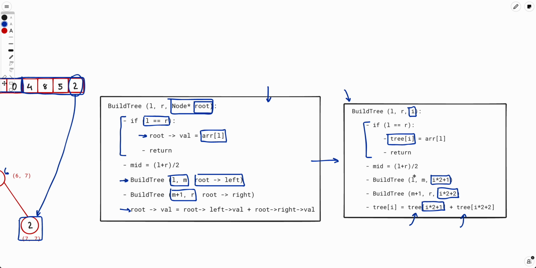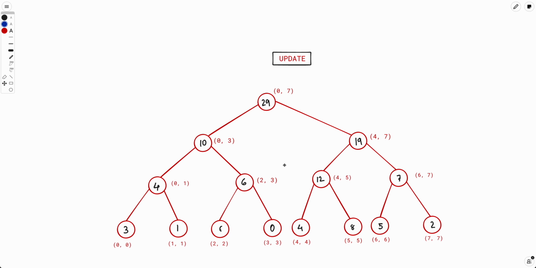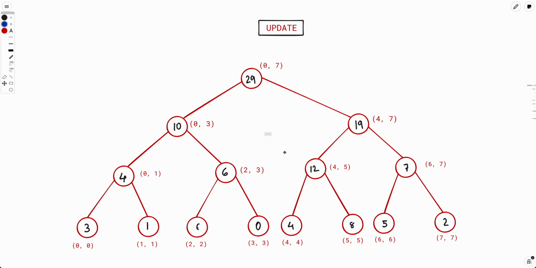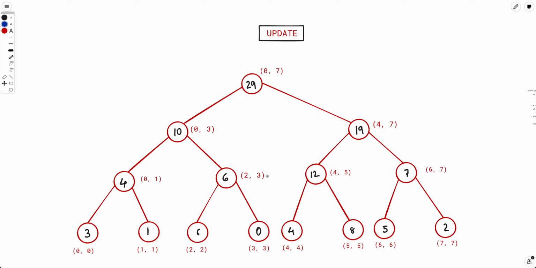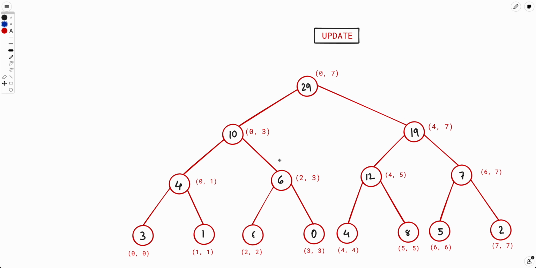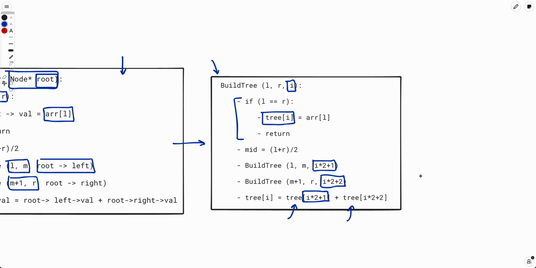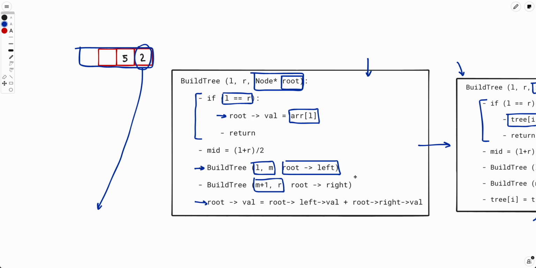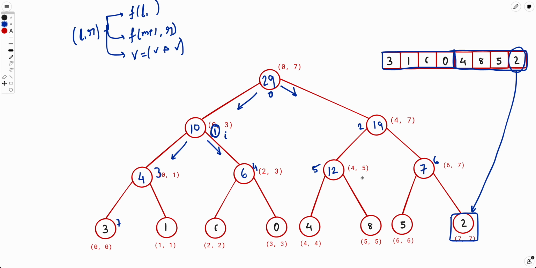Now, till this point, what we have done is we have built a segment tree. So we know how to build this segment tree structure, right? Now, before moving forward, let's try to calculate what is the time complexity of building this entire tree, right? And before calculating that, let's try to understand how many nodes will be there in this tree.